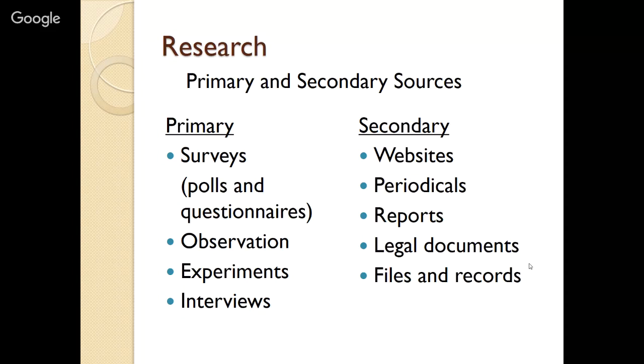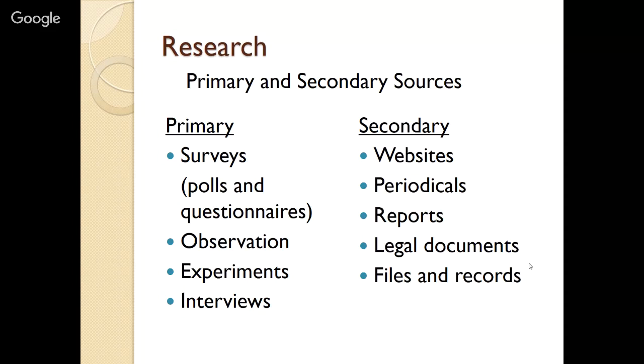As I mentioned, experiments and interviews are both examples of primary sources because this is where you are gathering the data firsthand. So if you interview someone, or again, if you set up an experiment or perform an experiment, that's you doing the work. So that all counts as primary sources.